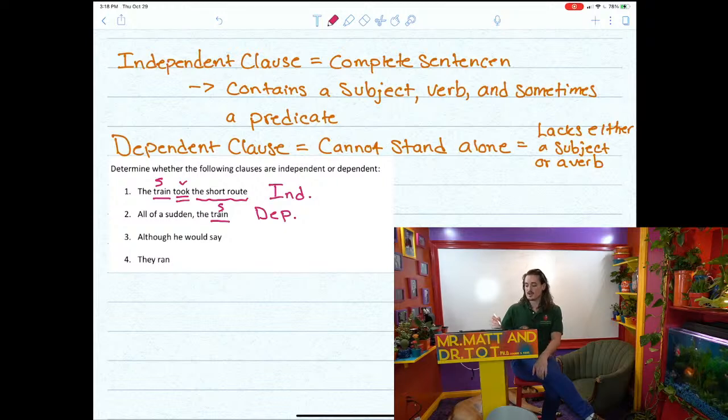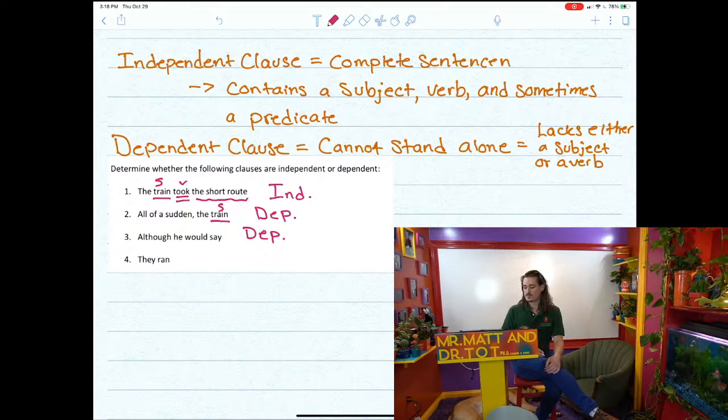So this phrase, although he would say, is a dependent phrase. It requires something else in order to contrast with it. First of all, we would need to complete the clause: although he would say what, right? There's no answer there. You feel that there is a lack of information. And furthermore, once you have completed that clause, you would need to contrast it with something in order for it to make sense with that introductory conditional word, although.